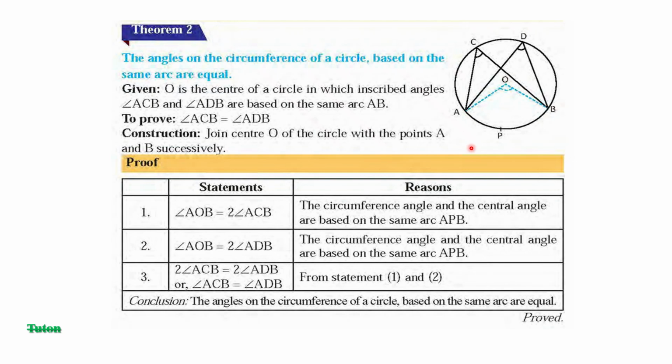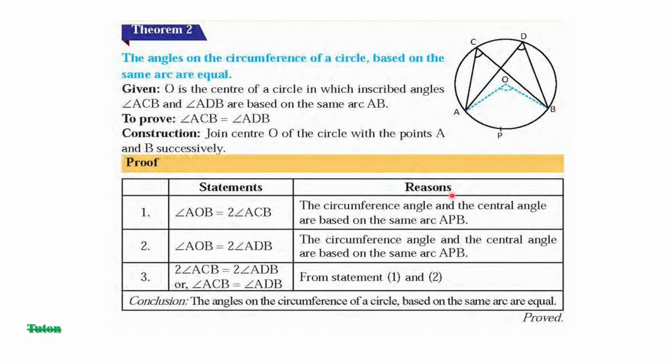To prove that, first we have to join A with O and O with B. So we have got our central angle. Now remembering from our previous theorem that the central angle is twice the inscribed angle. Here angle AOB is the central angle, and the two inscribed angles are angle ACB and angle ADB.